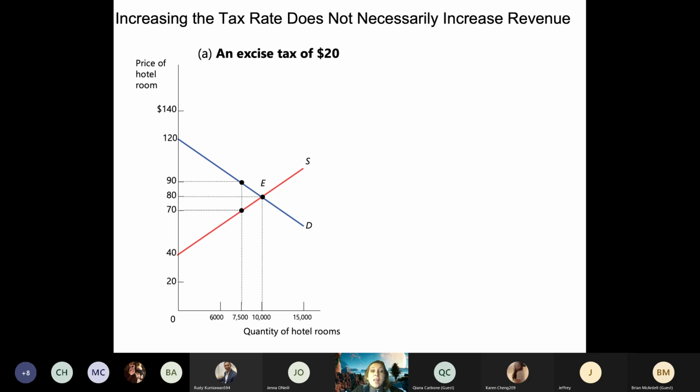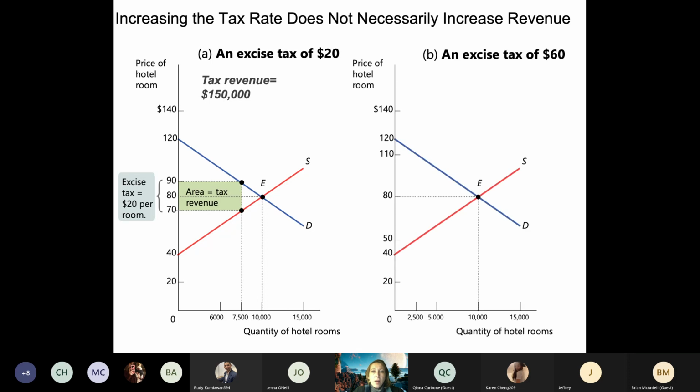Increasing the tax rate, an interesting point, does not necessarily increase tax revenue. In this example, we have a tax rate of $20 per hotel room, and the tax revenue is 20 times 7,500, which is 150,000. That's the green area.